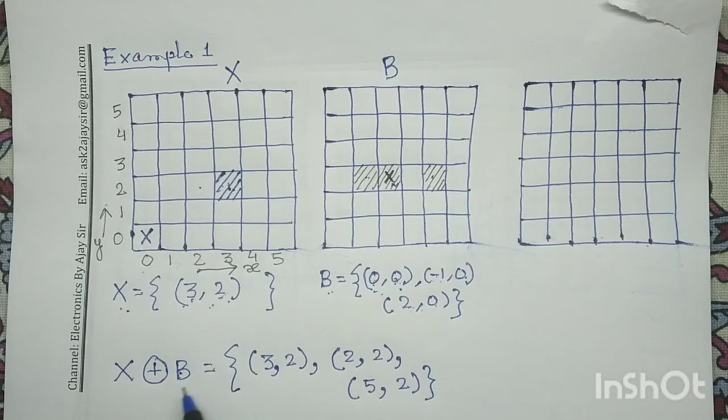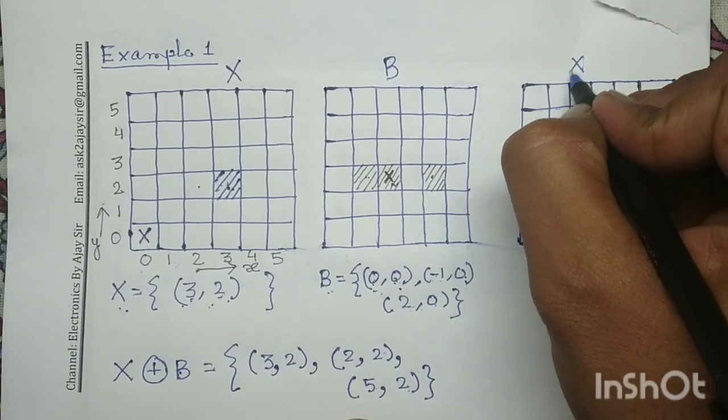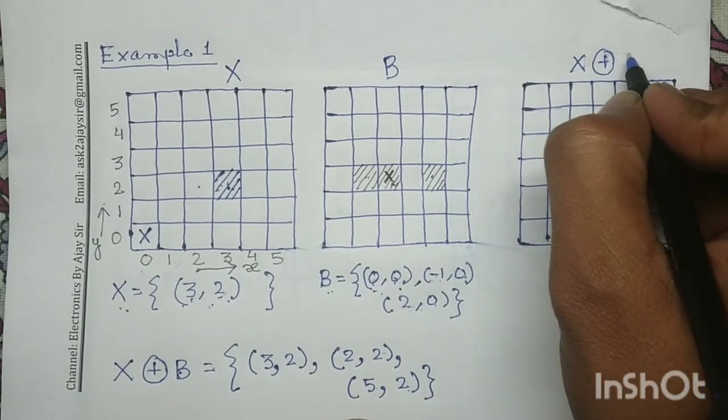So x dilation with b, in this set we have 3 points: 3, 2; 2, 2; and 5, 2. Let us mark these points in the output image. So let us assume this is my output image, x dilation with b.